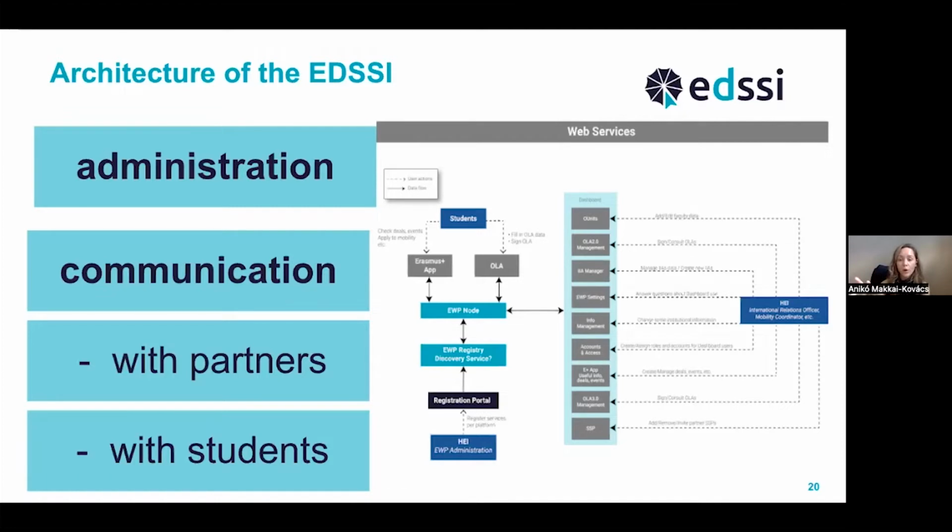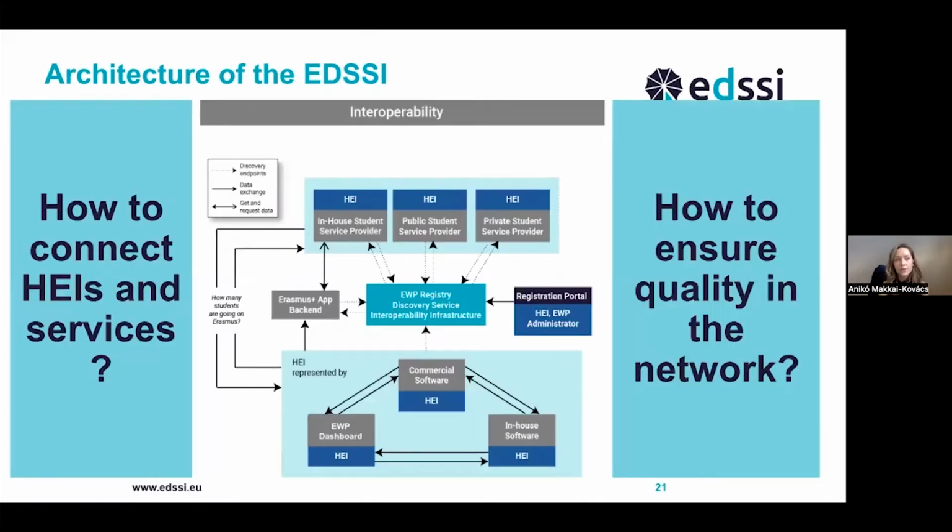So in this part, we made sure during the EDSSI project that we also enhance these services and make them compatible with each other and with the Erasmus Without Paper network. And here we arrive at the focus, the interoperability.